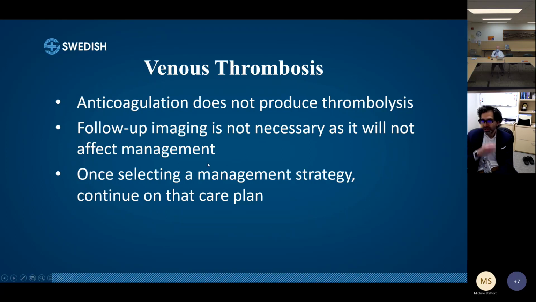You're making a decision on the front end as to length of anticoagulation based on their current clinical context, and a follow-up ultrasound at a month or at 3 months really isn't going to do anything, because you should continue with your management strategy. You shouldn't alter the care plan unless something significant happens from a clinical standpoint.